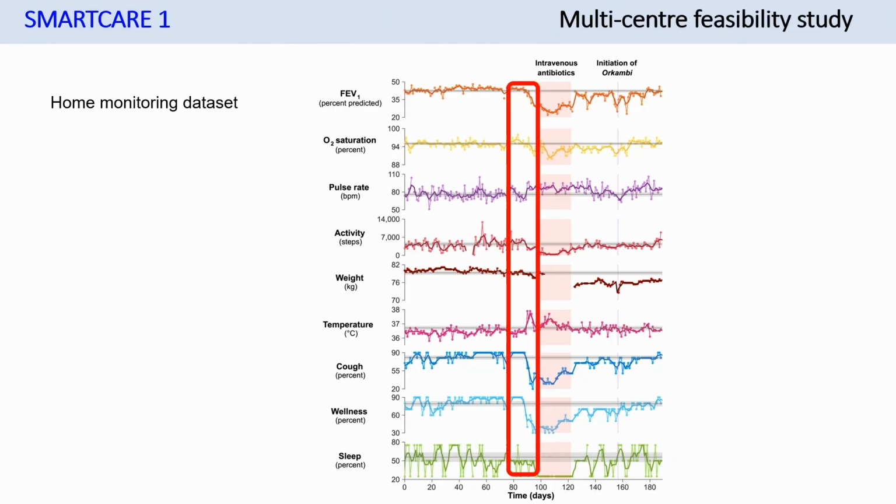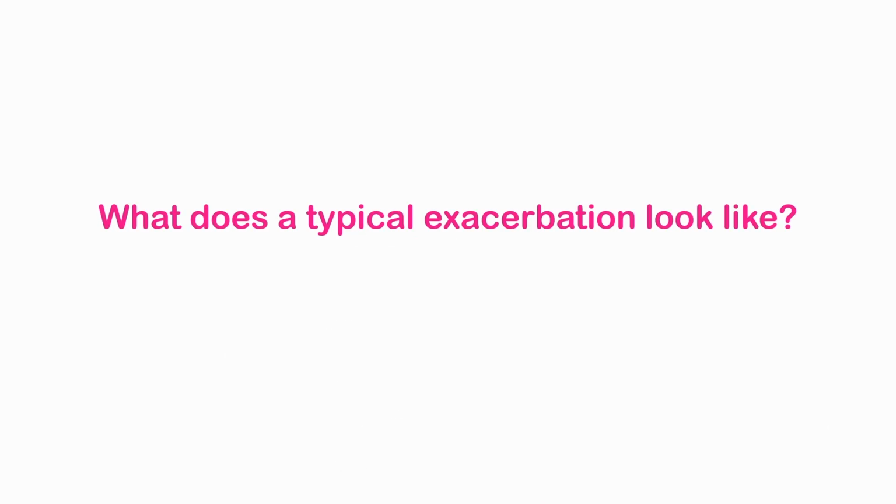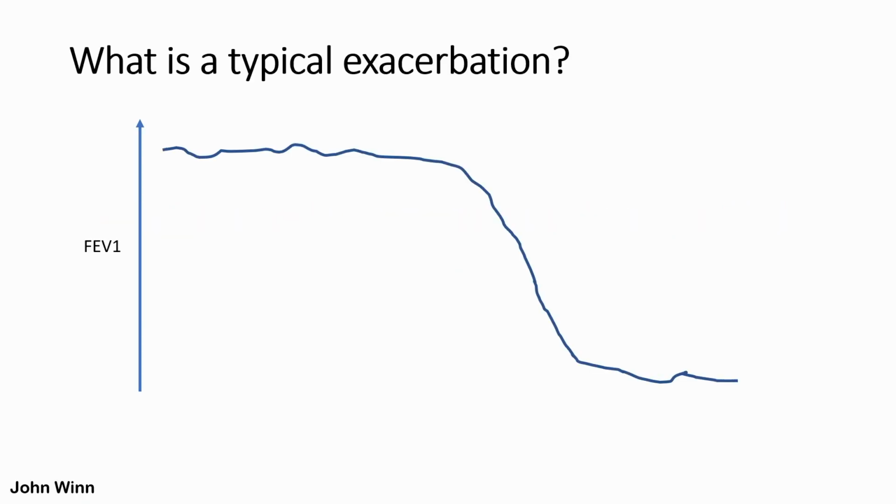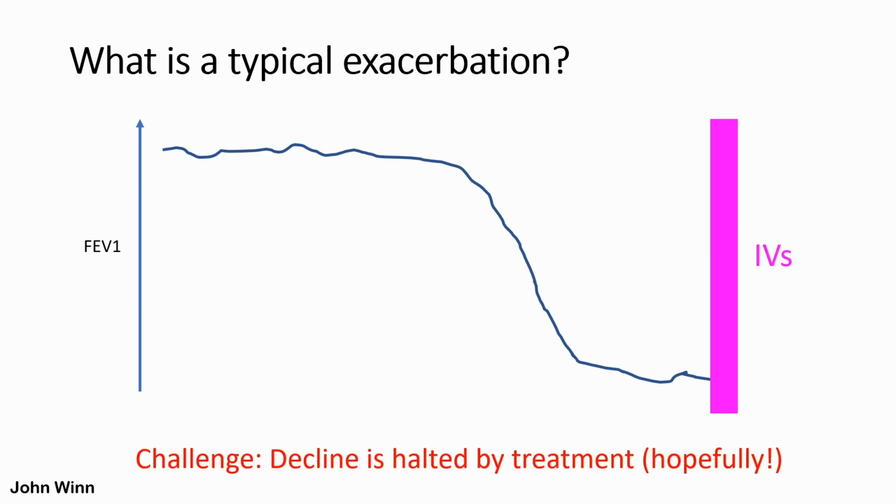And what we're really interested in is the section I've just highlighted here, before people know that they need antibiotics. And that's what we really focused on as a team. So the very clever machine learning data scientists have looked at what a typical exacerbation looks like, and we've come up with this curve where people go along quite happily, and then all of their physiological parameters start to decline until we start with some IVs.